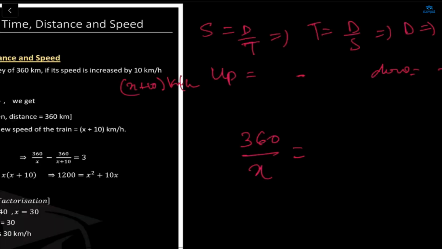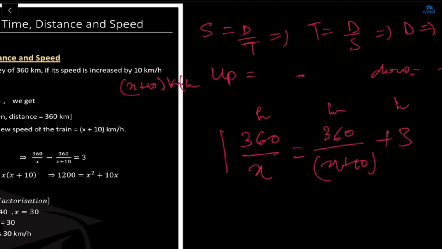So it will be 360 upon x plus 10, plus 3. Everything is in hours, because everything we are taking for time. This 3 hours is already given, and these two are with respect to time. So this is the general equation, and if you solve this equation, you will get the proper quadratic equation.